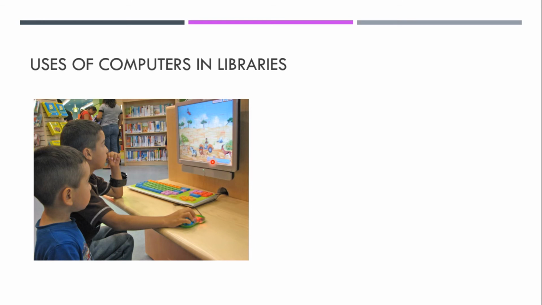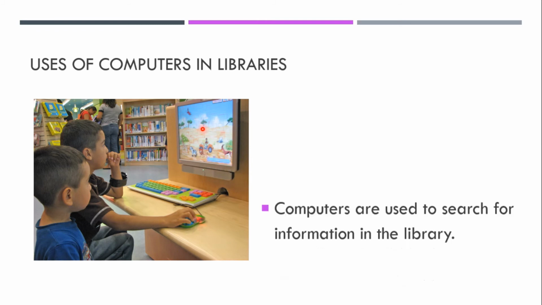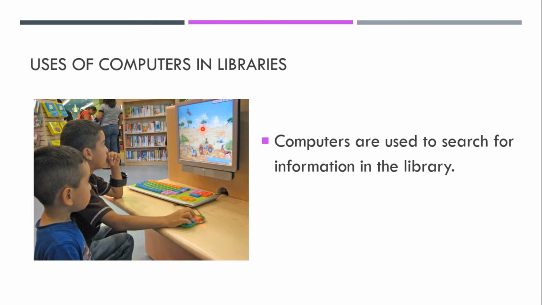All right, so computers are not only used for this, you can also read on the computer in libraries. You can use it for several things. Let's look at more. Computers are used to search for information in the library. Sometimes you could be reading a book and you come across a word and you don't know the meaning of that word. Computer can answer that for you.